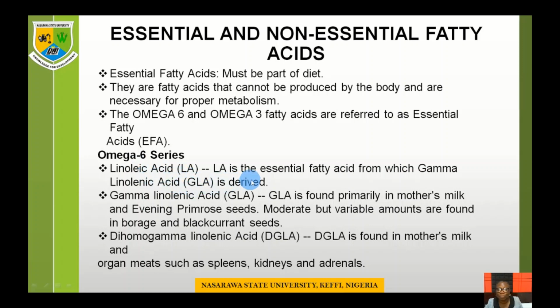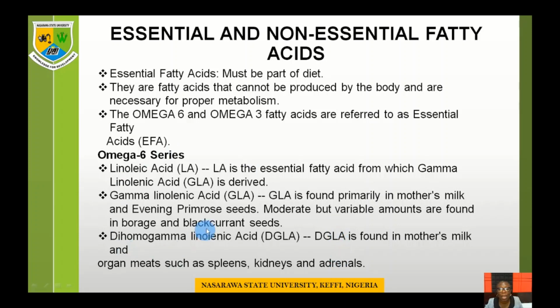We have seen the omega-6 series and the omega-3 series the other time. Linoleic acid is essential fatty acid from which gamma linolenic acid is derived. All right, and this gamma linolenic acid is primarily found in mother's milk, breast milk, and evening primrose seeds, and also the dihomo-gamma-linolenic acid, DGLA, is also found in mother's milk, and also found in organ meats such as spleens, kidneys, and adrenals.